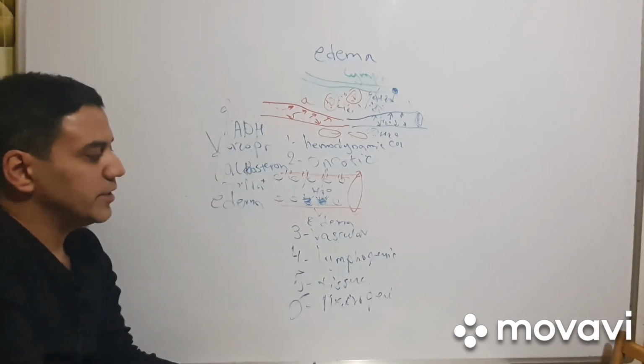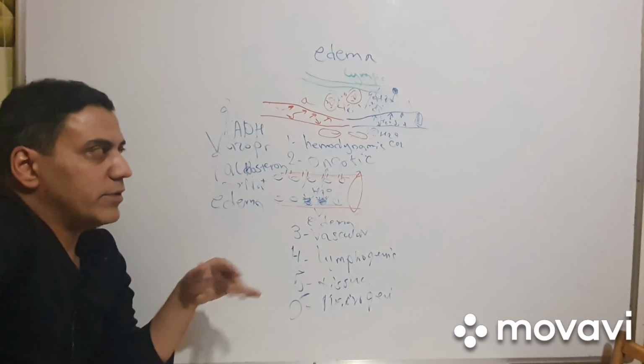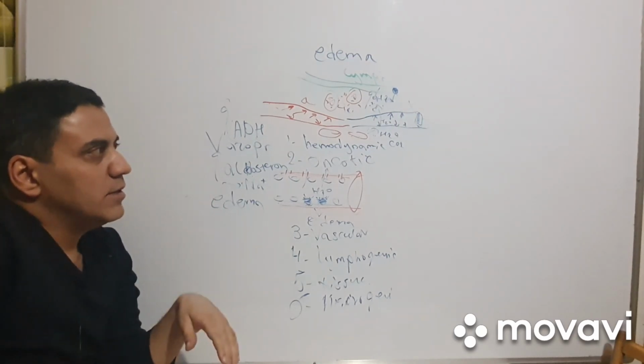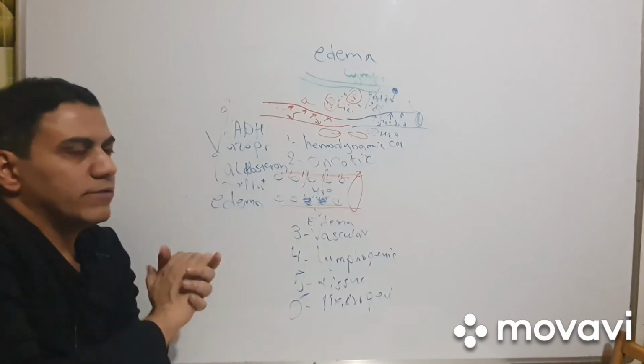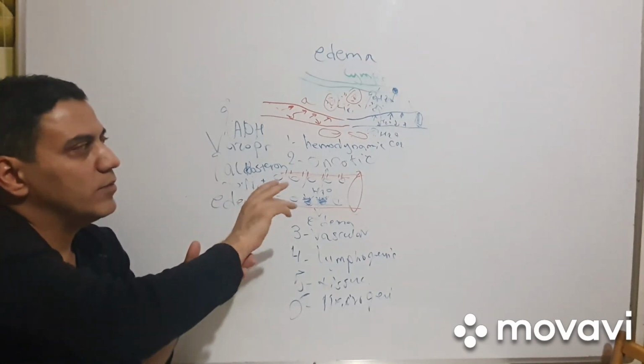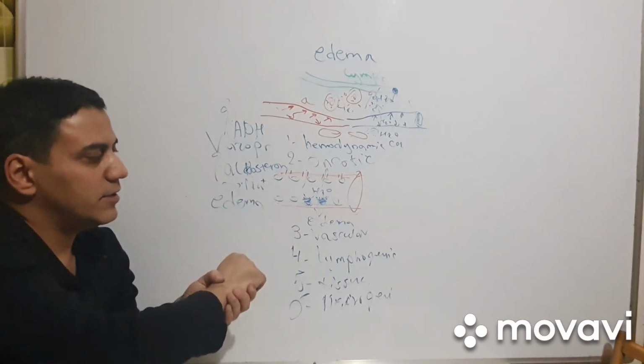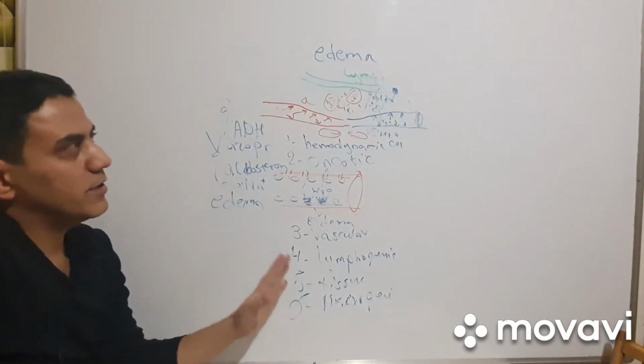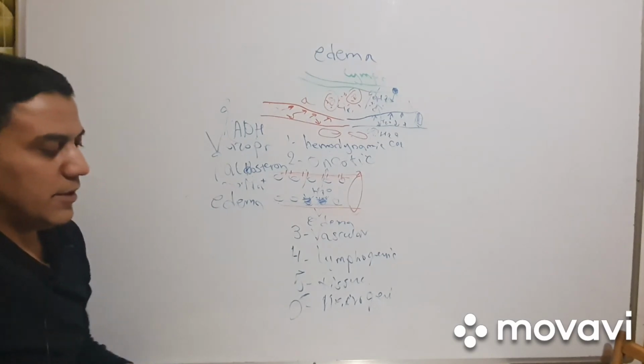This factor is the humoral or neurogenic factor of edema. So we have these factors of edema: hemodynamic factor, oncotic factor, vascular, lymphogenic, tissue, and neurogenic factors of edema. And thank you very much.